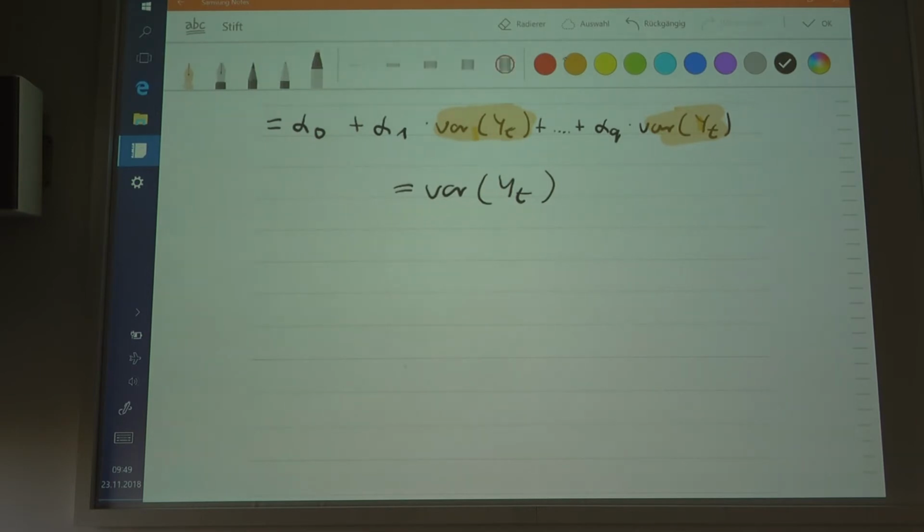Now, if that is equal to the variance of the process, all we need to do is solve it for the variance. This is relatively easy.